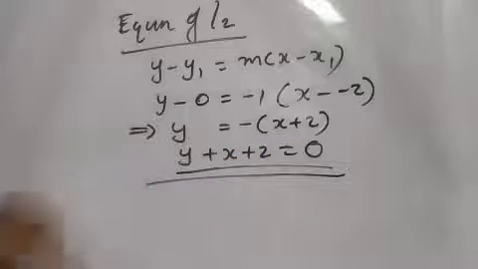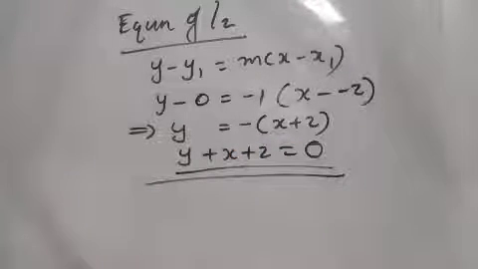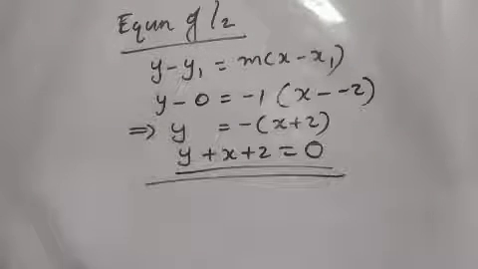We can write this minus of (x plus 2) to the left side as plus x plus 2 equal to 0. These are the two equations of equally inclined lines.